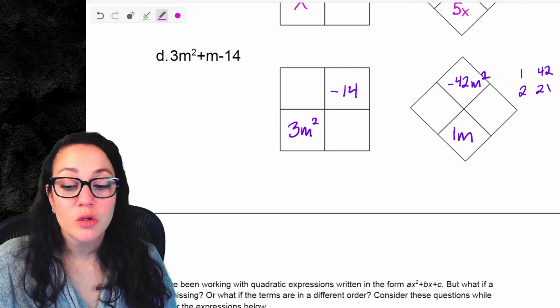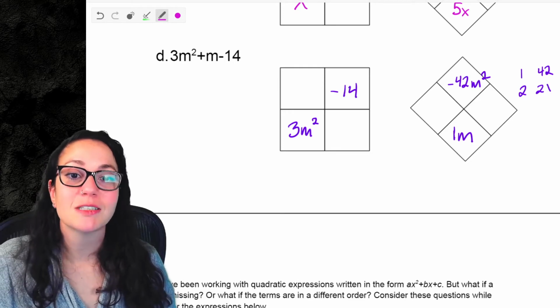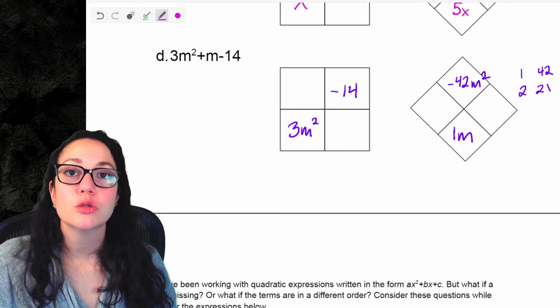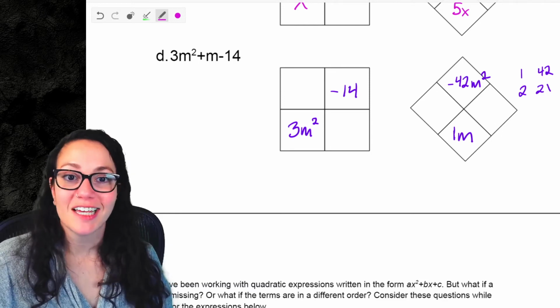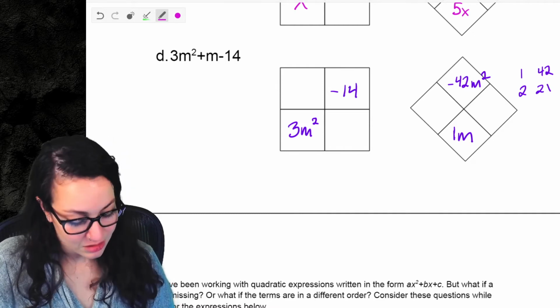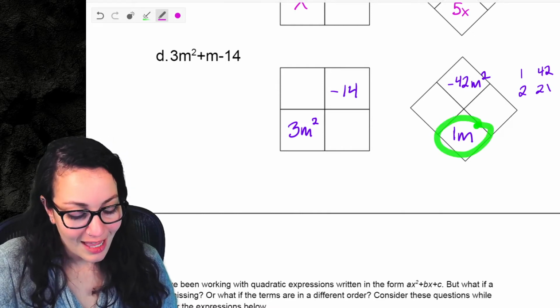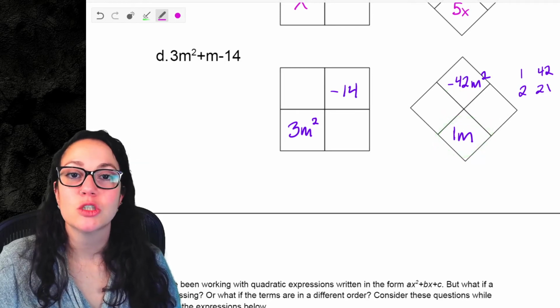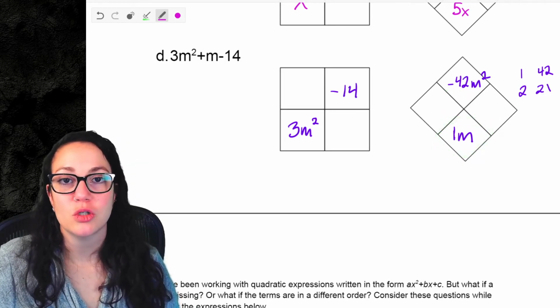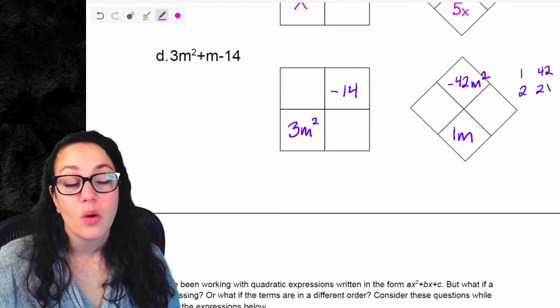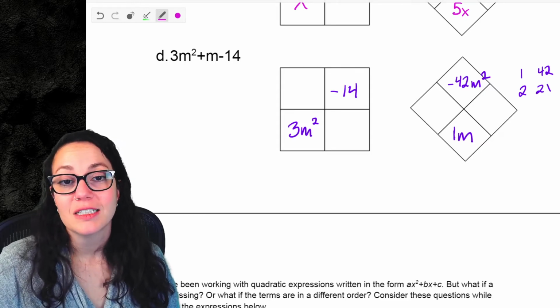So you can see that going through this process might take a little bit of time. As you work, you will start to get a spidey sense for what numbers you might be looking for. For instance, since this is 1 and this is negative, I know that my numbers have to be next to each other. I'm looking for factors of 42 that have a difference of 1. So that is going to be 6 and 7.